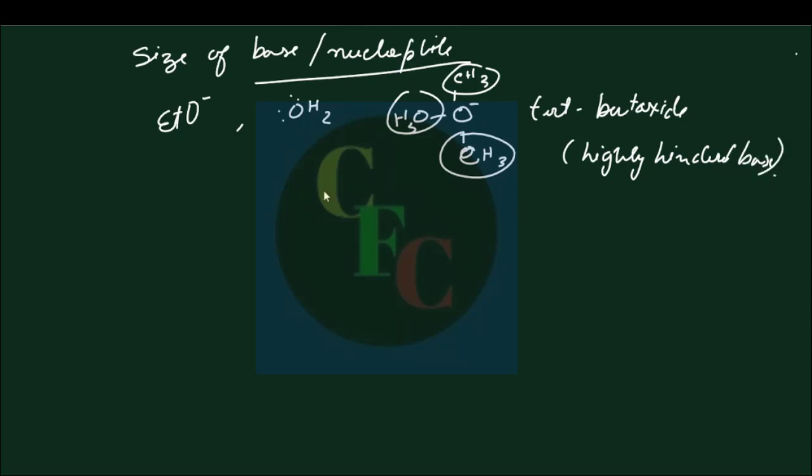Now if this is the base, how will it affect our substitution versus elimination? If we take again a primary alkyl bromide, something like this, then as expected, if you give a simple base like ethoxide, substitution will be favored because it is not hindered.